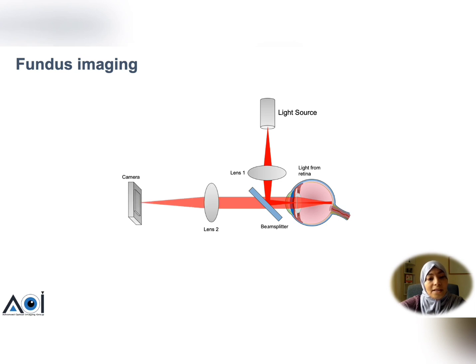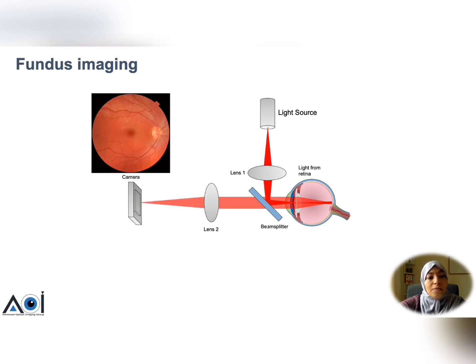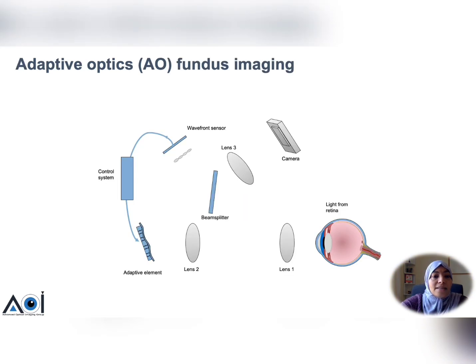If we capture this light with a camera, then we will get images of our retinas, and that's what the optician does when you go to check your eyes. There are more advanced retinal imaging techniques. One of them is adaptive optics, and as you can see, the system started to get a little bit complicated with more optics components added. The two main ones are the wavefront sensor and the adaptive elements.